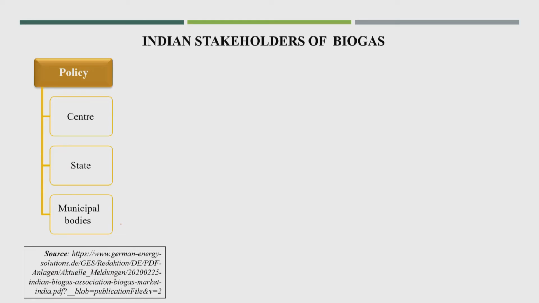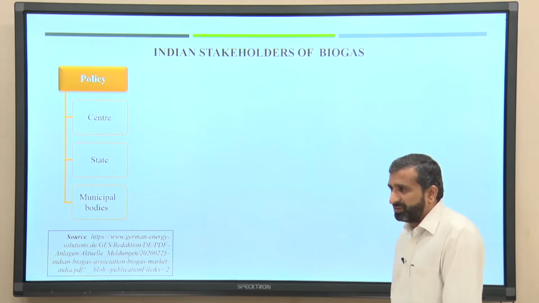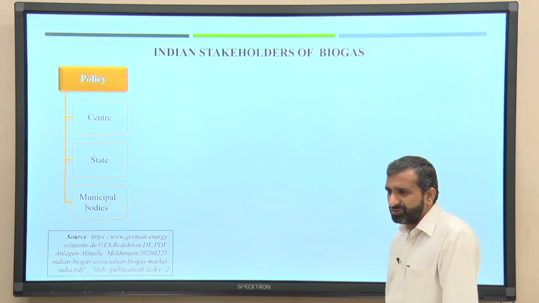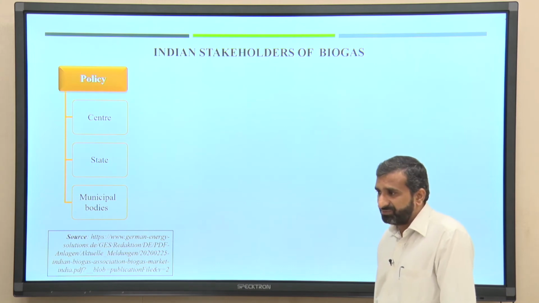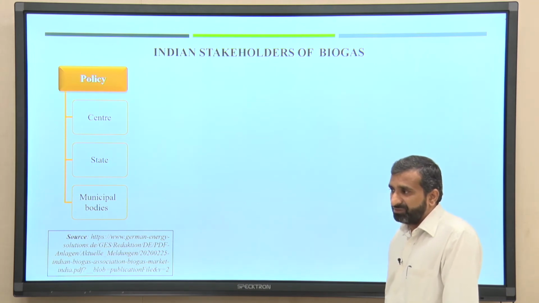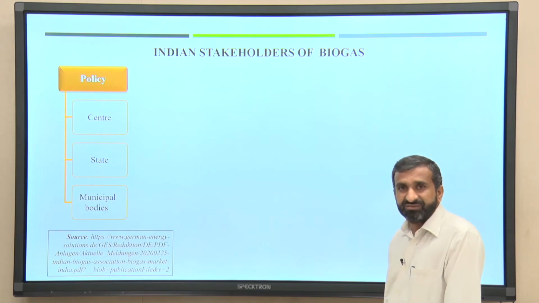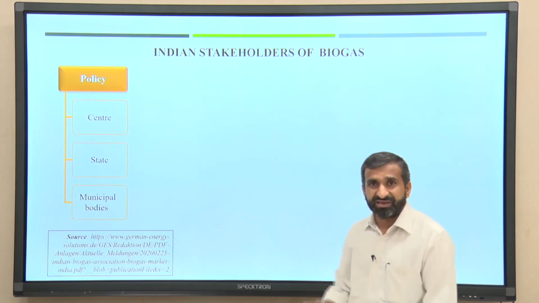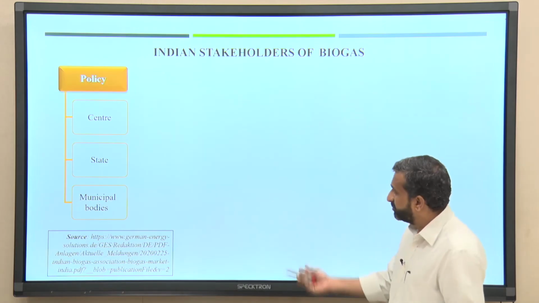Whatever policy has been made by the center, especially MNRE, the Ministry of Renewable Energy, and even some more ministries also come up with different policies, like the Ministry of Science and Technology. They also provided some funding for different projects on biogas production. From the states, like the example of Nagaland, they also promote.